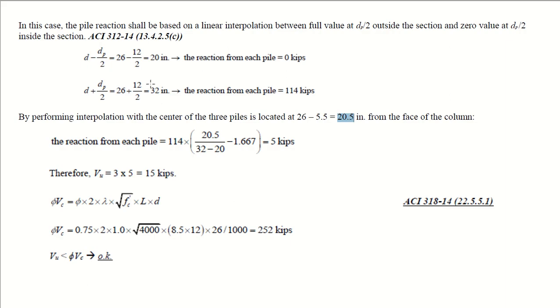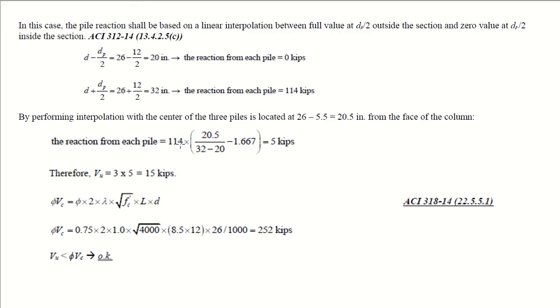What is 32? The full distance. And what is 20? The distance when it was at the center line of the piles, minus 1.667. And what is this 1.667?